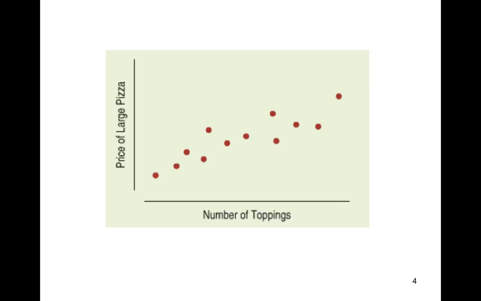Here's another example of a scatter plot, in which we're comparing pizza toppings. I took this from the textbook. We're comparing pizza toppings with the price of a pizza. So you can see our x-axis, our explanatory variable, is the number of toppings, and then the response variable, the y-axis one, is the price of a pizza.